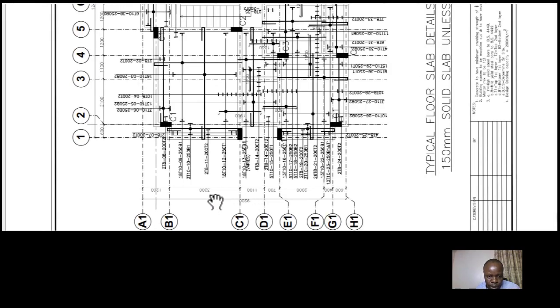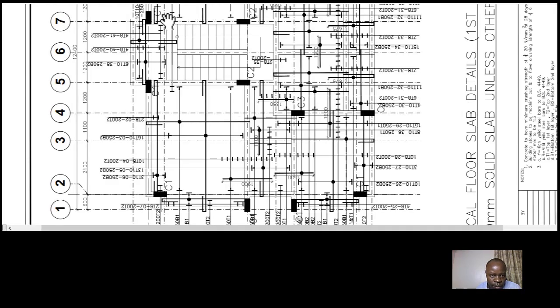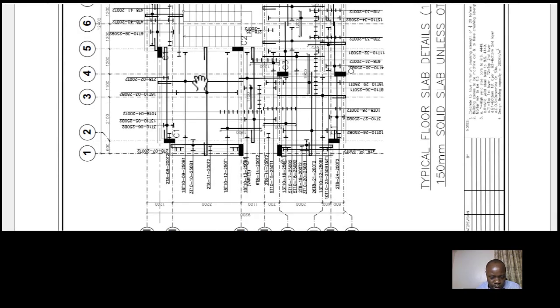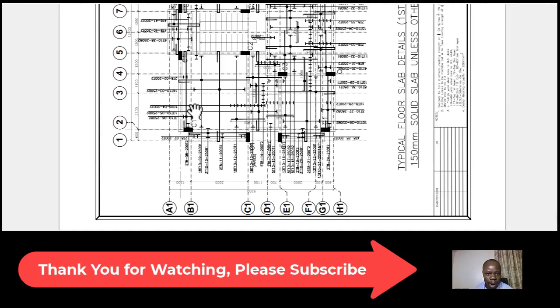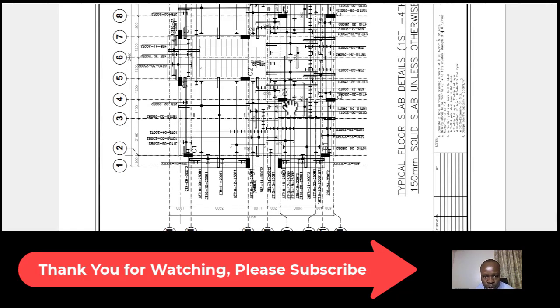This is 3.2, because the stairwell is from, you can see there is another beam here along grid B1, and it goes all the way to grid D1. So it's B1 to D1.